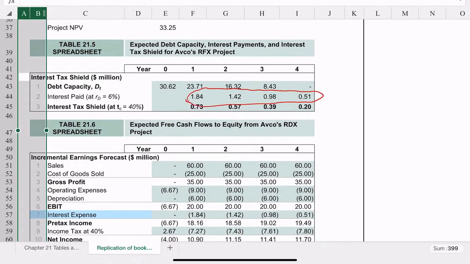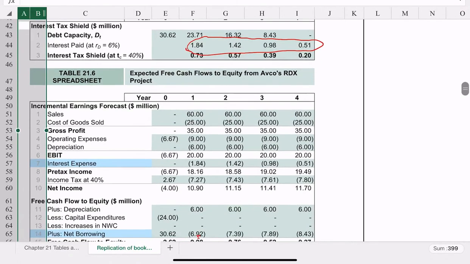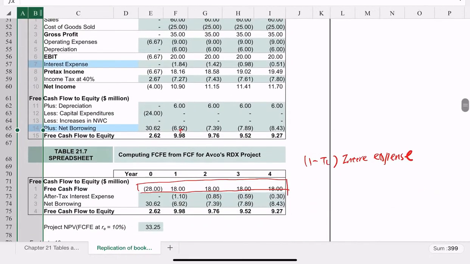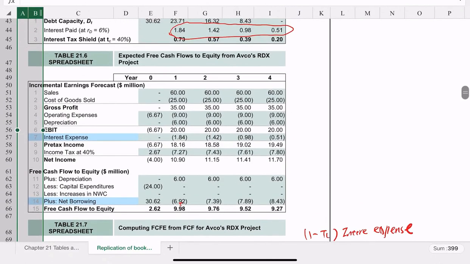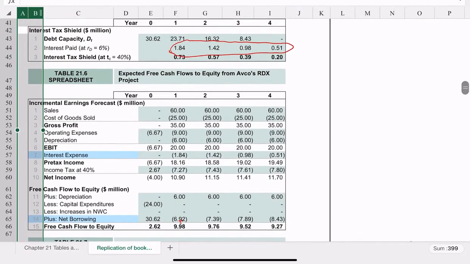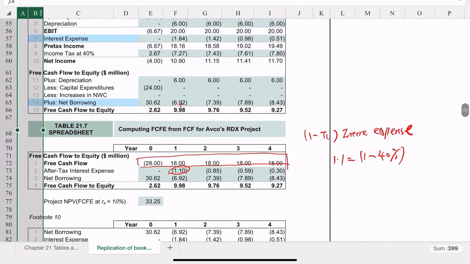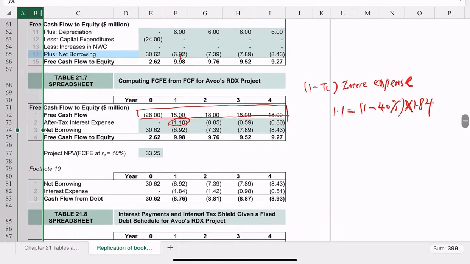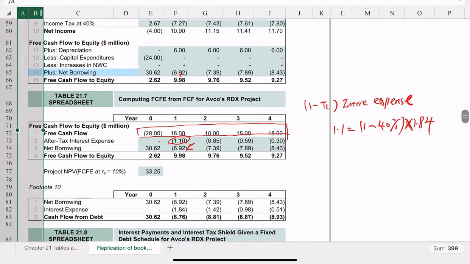So if we check these numbers, you can see that for year one, the after-tax interest expense is 1.1, which equals 1 minus 40% times the interest expense. And it's given by 1.84. And you can verify that the calculation here checks out. And net borrowing, well, we have the same guy here, right? We have discussed net borrowing.